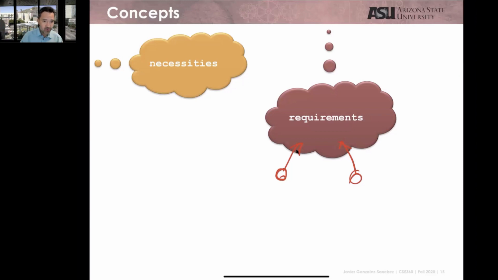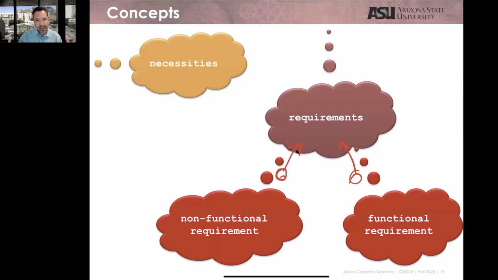Anyway, requirements, functional and non-functional. I shared with you the slides of the previous lecture. Hopefully you have time to review all the different examples and hopefully there are no questions about which are non-functional and which are functional. The diagram that I gave you shows that the non-functionals are basically qualities and constraints, and these are all the categories of qualities, and these are all the categories of constraints.